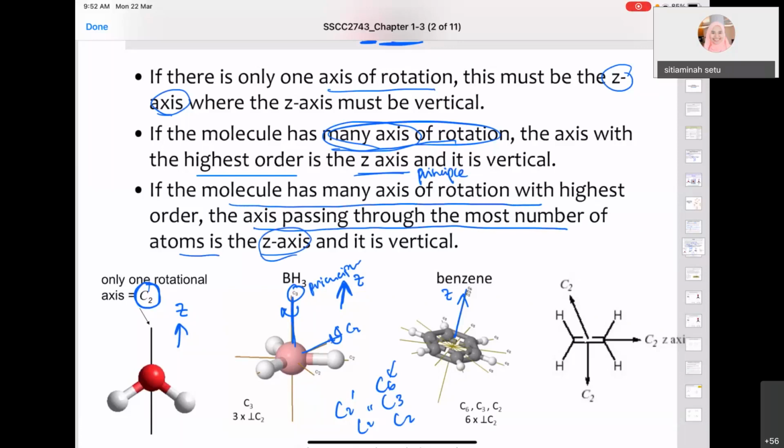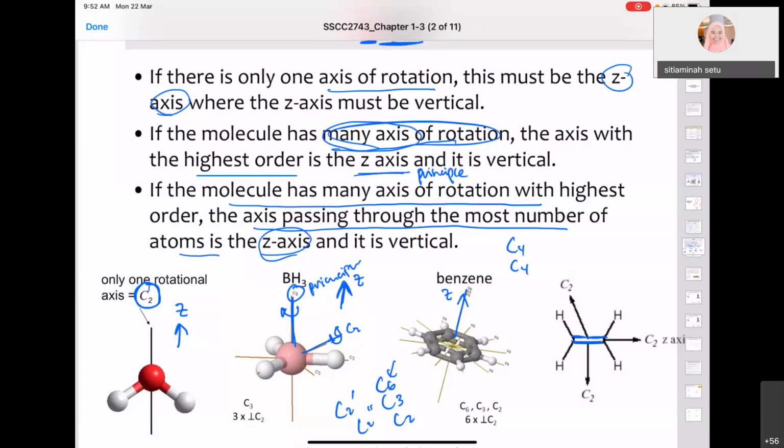Okay, contoh kalau satu molekul tu dia ada 2C4, kan? 2C4. So mana-mana axis of rotation yang go through the most number of atom, itulah Z axis. Okay. Contoh macam this one. This is ethylene. Betul tak?